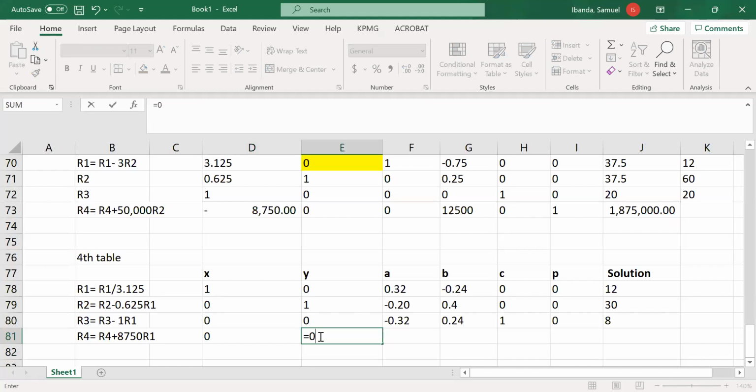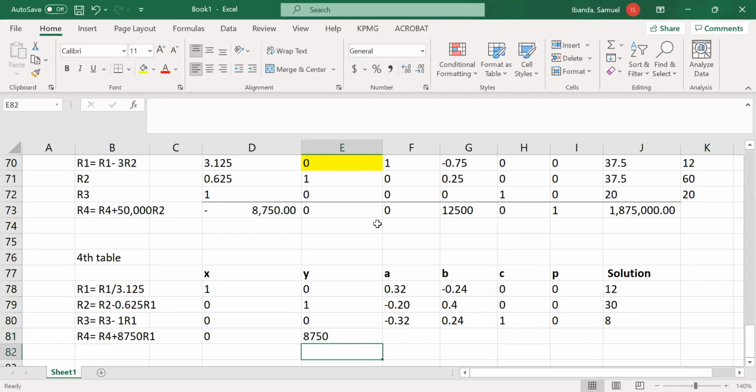So this is 0 because I have 0 in the old row, plus 8750 times row 1, which is 1, which gives me 8750. Do I get 8750?